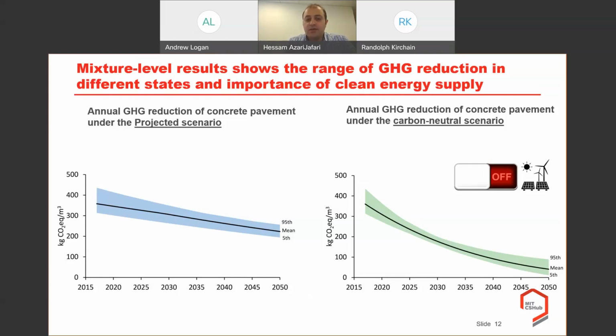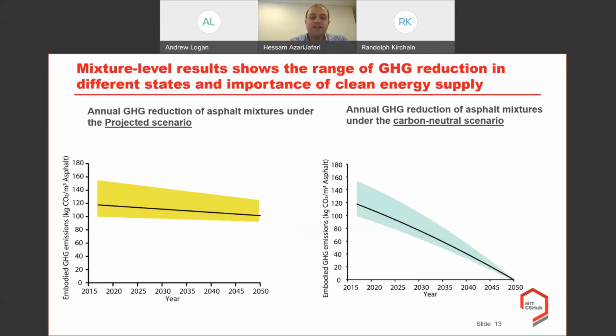When we are looking at the asphalt pavement, we can see that in the future, we have around 10% reduction on average for the embodied impact in the projected scenario on the left figure. But once we look at the ambitious scenario on the right part under the renewable energy assumptions, it's fully satisfied.